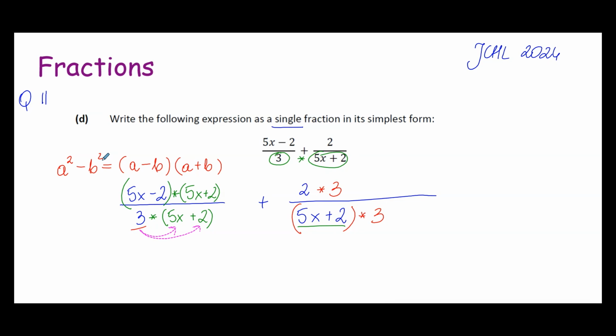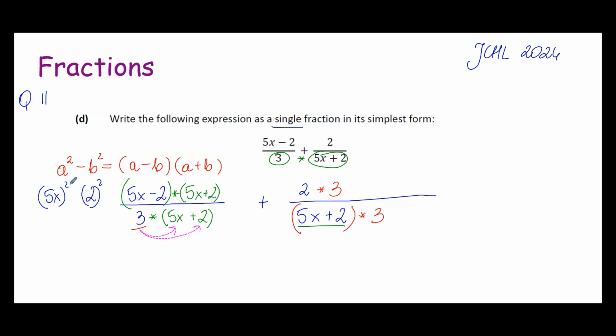It's not in your tables, and it's extremely handy to know how to use it. So instead of doing the whole everything by everything, I can take that first value, 5x, to the power of 2, and my second value, 2, to the power of 2.